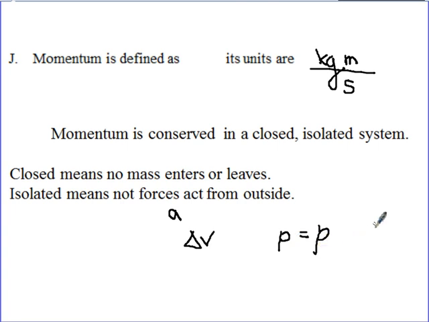Then off to the side, you ought to write this, that the net external force is equal to 0. No external forces, that is, no net external force. And if that condition is not met, then it is not valid for you to claim that momentum is conserved.